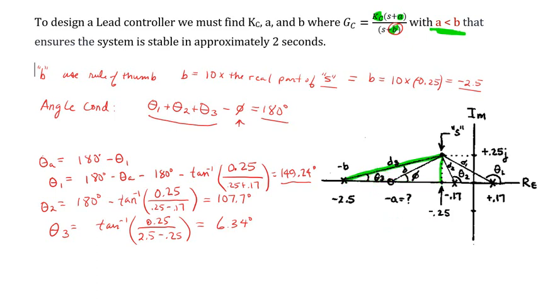So now that we've got that, we can find the value of phi, because if we rewrite this equation up here to be theta 1 plus theta 2 plus theta 3 minus 180 degrees, that's going to be equal to phi.